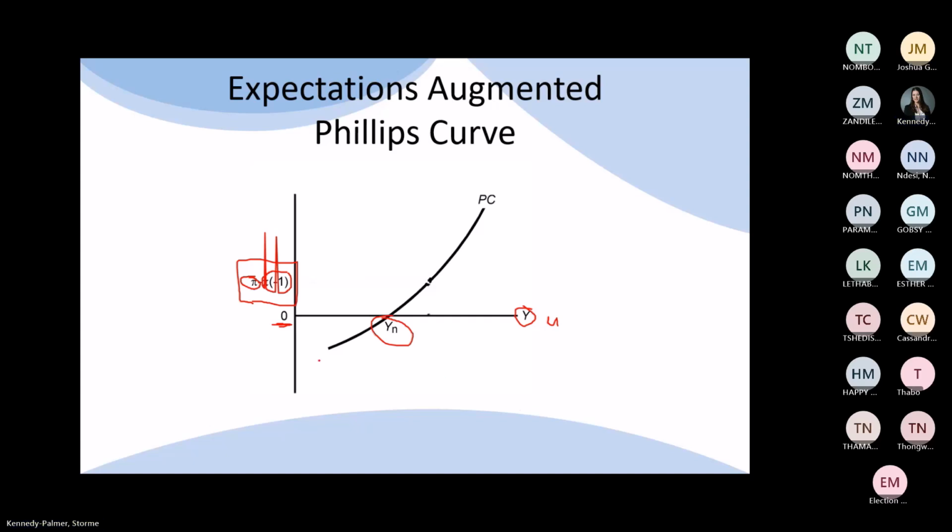Because if inflation last year was 6%, and I expect it to be 6% again this year, the change in inflation is 0, but I'm going to ask for a 6% increase. So the inflation rate is 6%, but the change in inflation is 0, and our economy is anchored at the natural level of output and income.